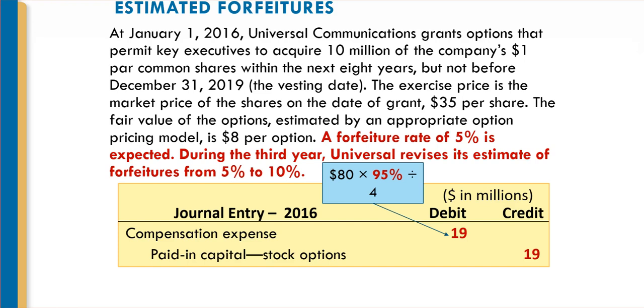Now you do this for 2 years. And so you have 2 years of recording this: 19 and 19 or 38. So 2016, 2017, you each put 19 in there. Your paid-in capital stock options is up to 38. At this point, you realize, hey, I think another 5% is a better estimate.